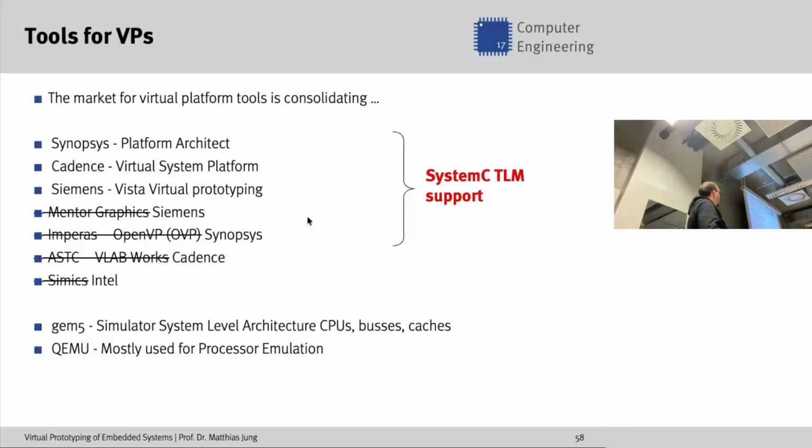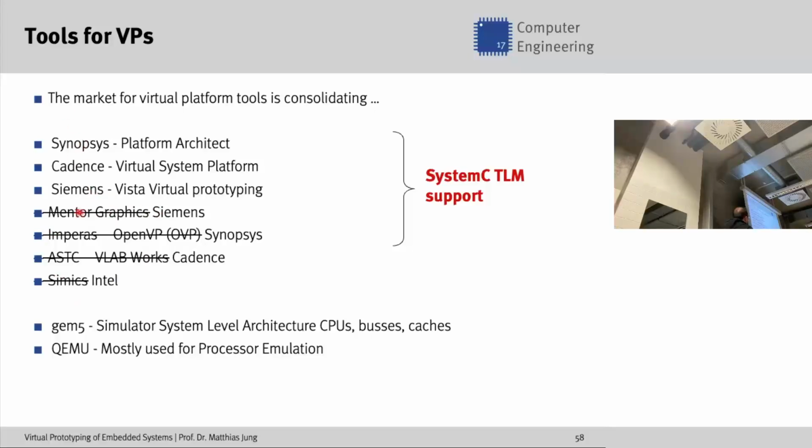Some years ago, the slide here was titled with the market of virtual platform tools is growing. So there was a lot of tooling around virtual platforms. But now some companies, basically Synopsys, Cadence, and Siemens, acquired other companies.